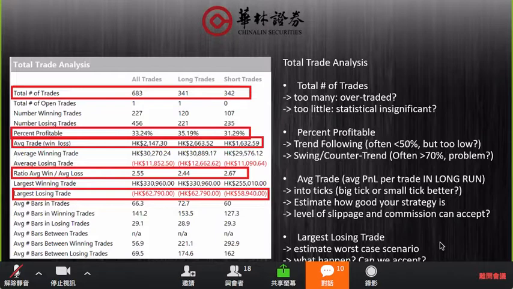Let's say, give an example. If I trade very frequently, I only make $100 per trade in the Hong Kong HSI market. However, in the HSI market, each point is $50. So the profit that I made is only 2 points on average in the long run. If I encounter a situation where the slippage I pay is sometimes more than 2 points already, because if 1 point of slippage occurs, there's already a loss of $50.